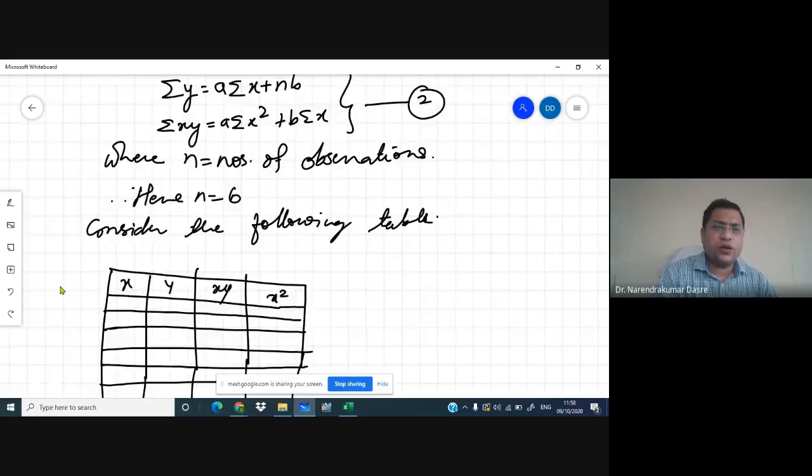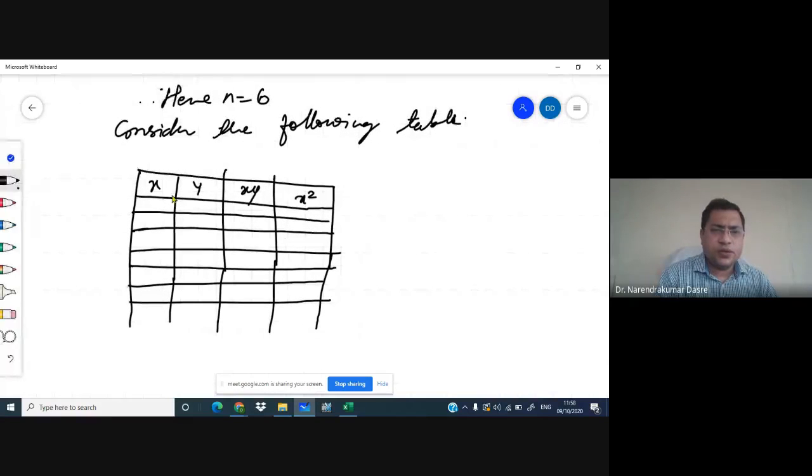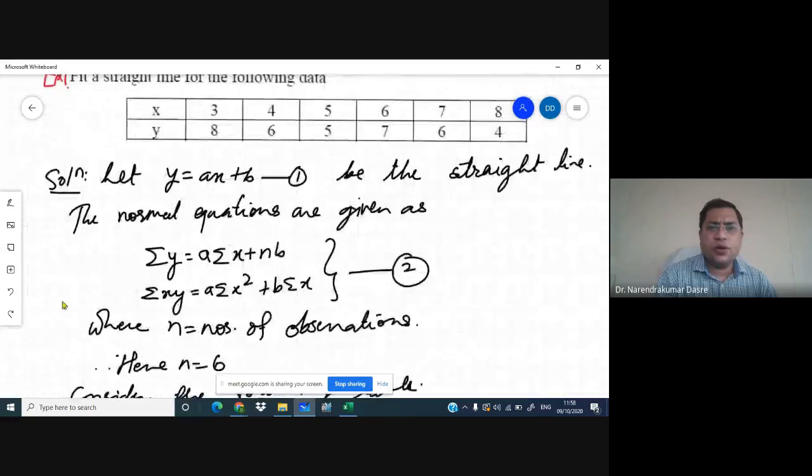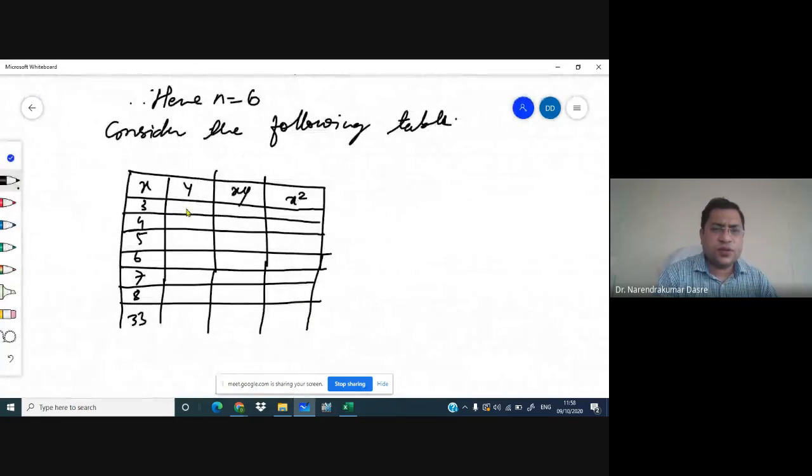What are the observations given? x is 3, 4, 5, 6, 7, 8, and the summation is 33. For y we have 8, 6, 5, 7, 6, 4, and the summation is 36.